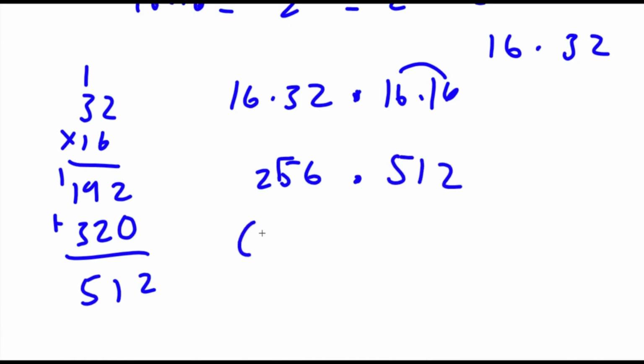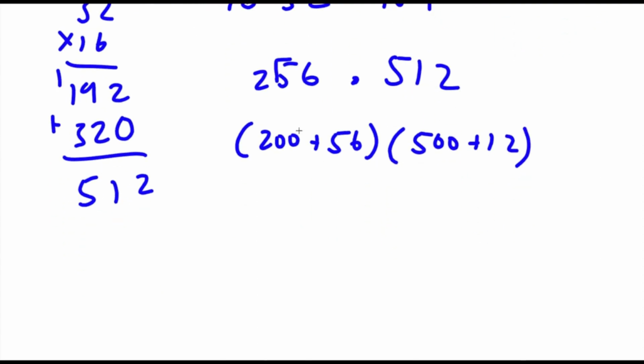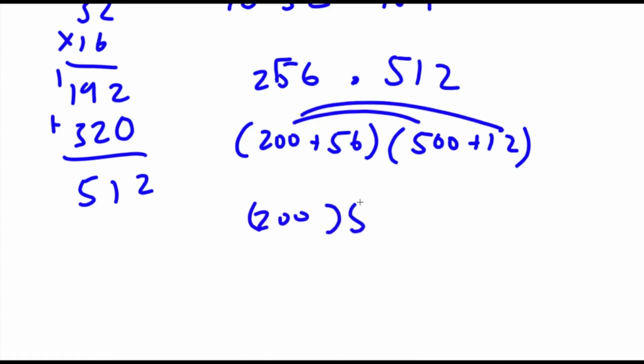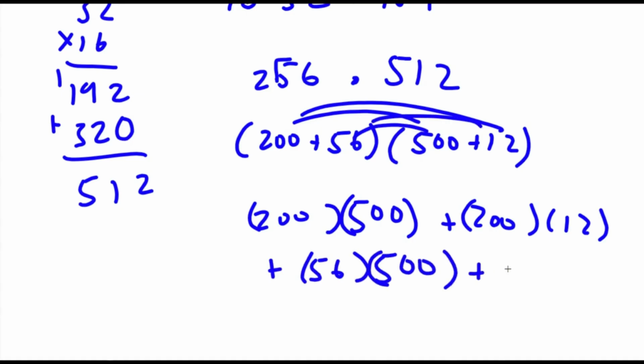Now 256 is the same as 200 plus 56. And 512 is the same as 500 plus 12. So now I can solve this by distributing. First, I distribute the 200, so I have 200 times 500 plus 200 times 12 plus distribute the 56. 56 times 500 plus 56 times 12.